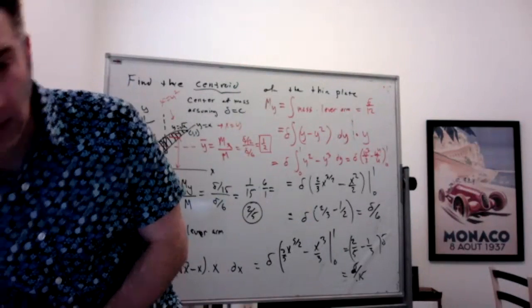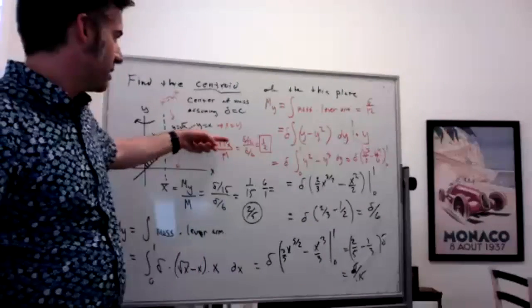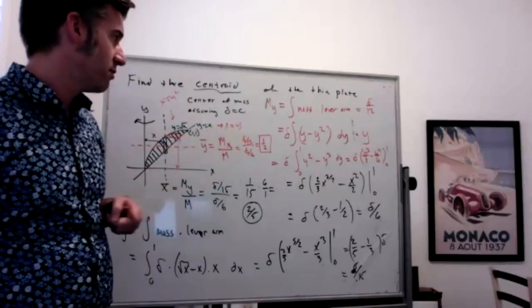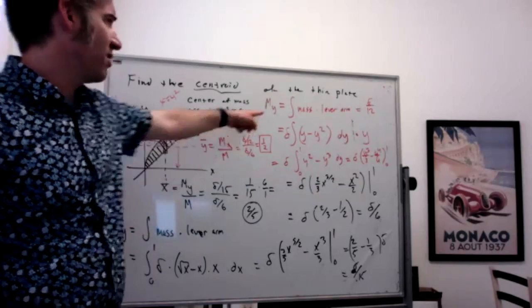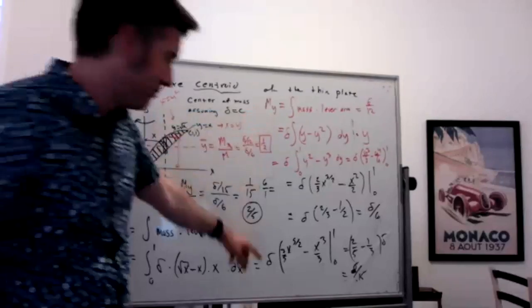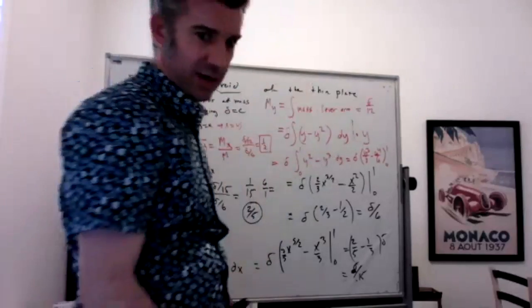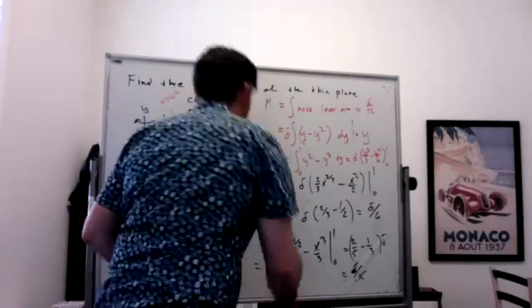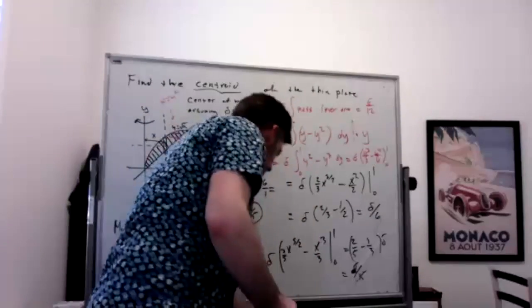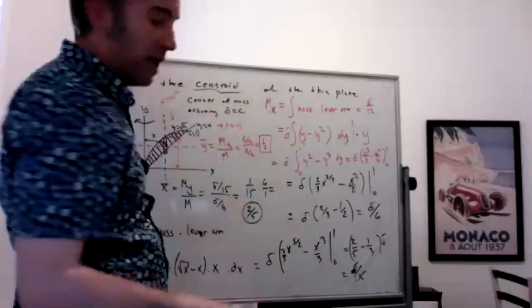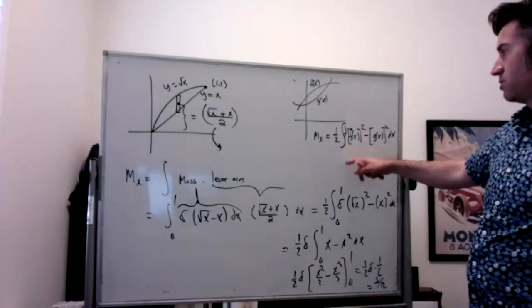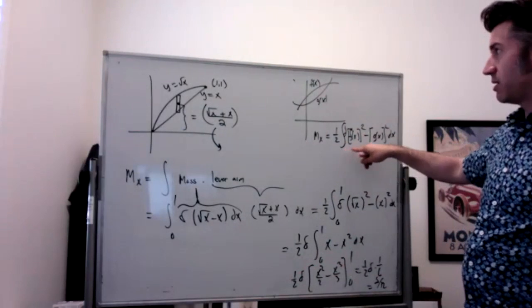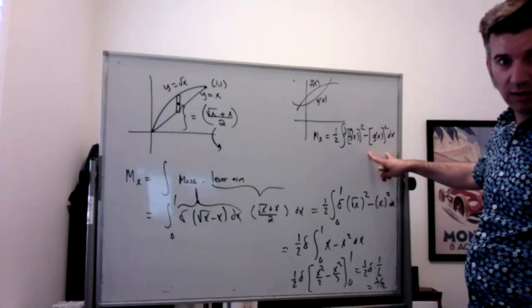Wait, what does it say on Mx? Mx is equal to delta over 12. And I accidentally wrote that as My up there. I'm sorry about that. On the other side, it says the same thing. But here it says Mx is 1/2 the integral of delta times f of x squared minus g of x squared.